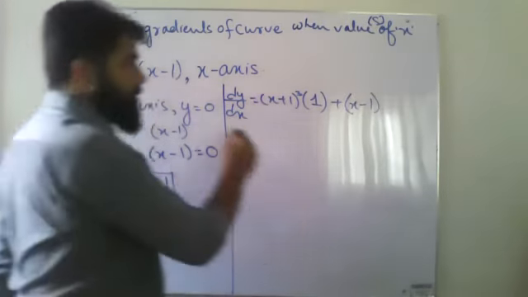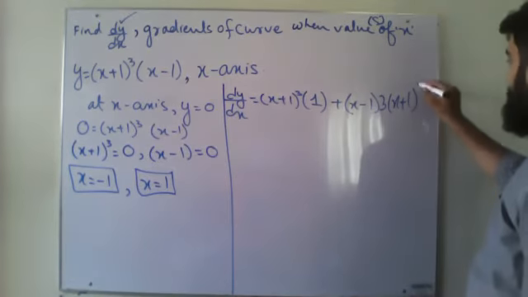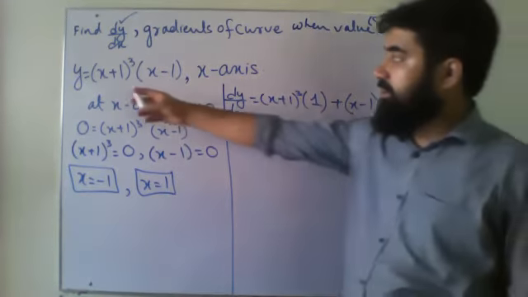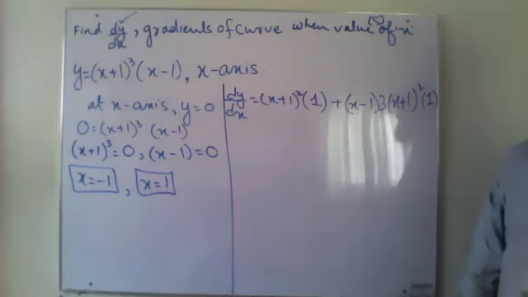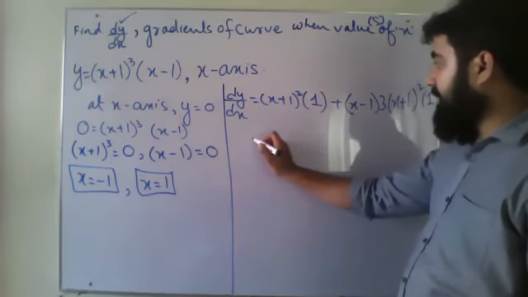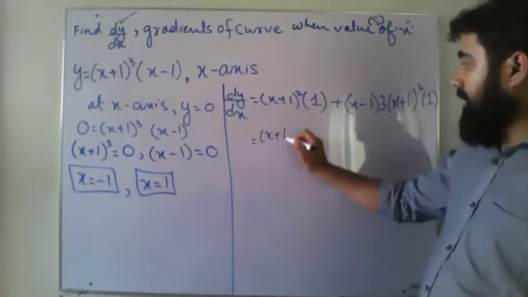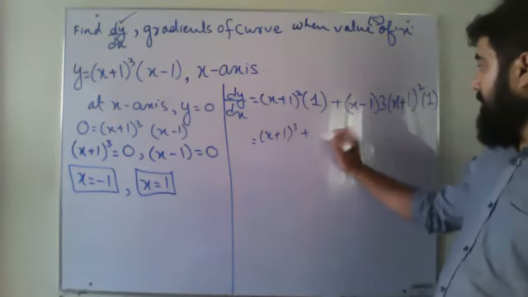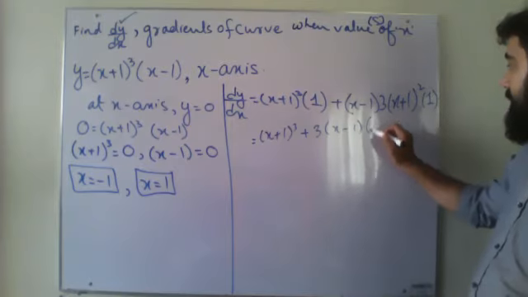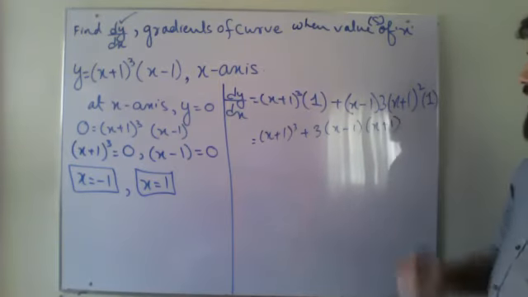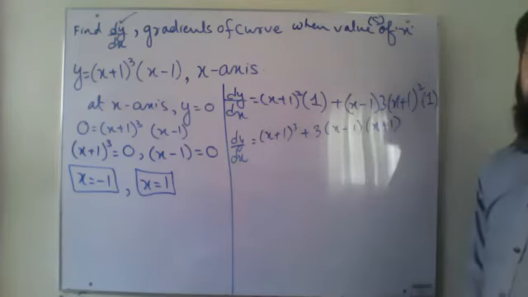So first of all, whole power is written, 3(x plus 1) whole square, and then differentiation of inside bracket will be 1. Okay, further simplifying it. Now (x plus 1) whole cube plus 3(x minus 1)(x plus 1) whole square. That is my dy over dx.